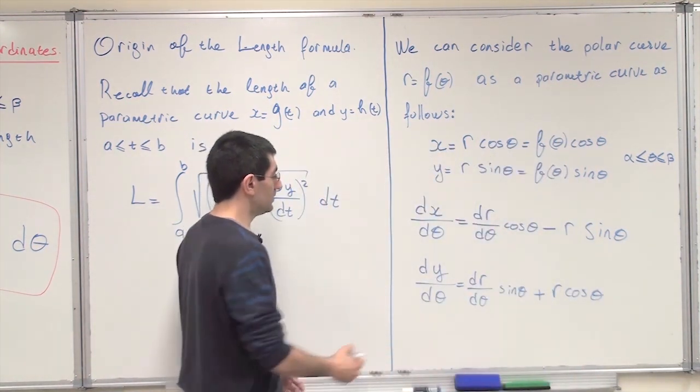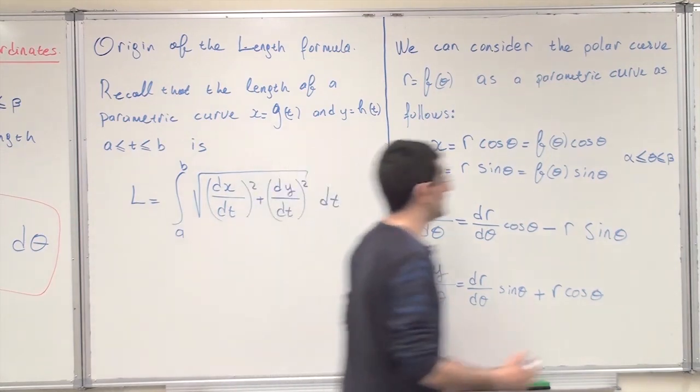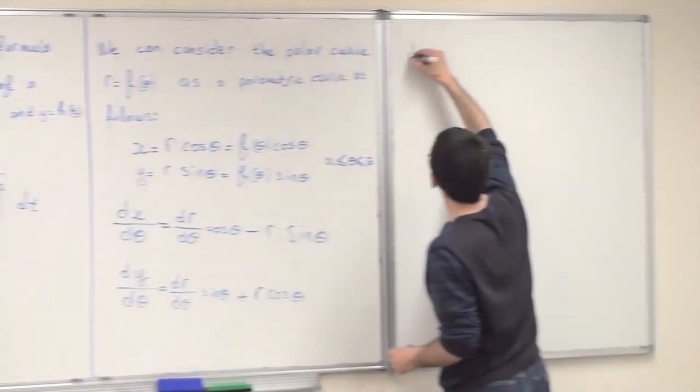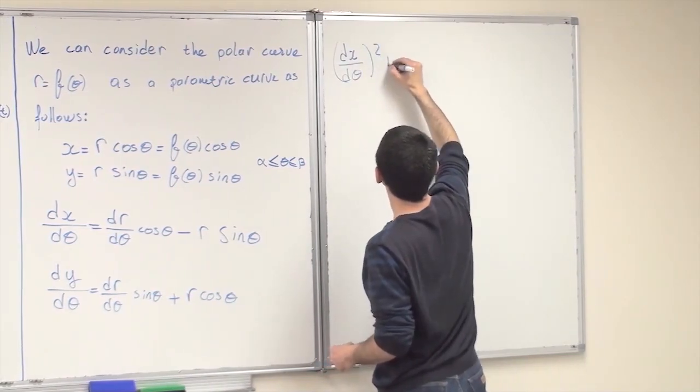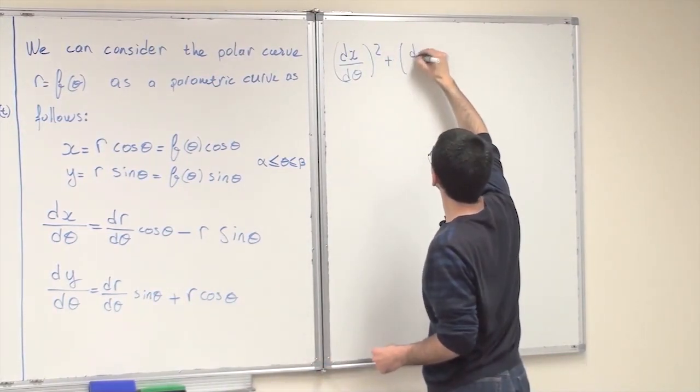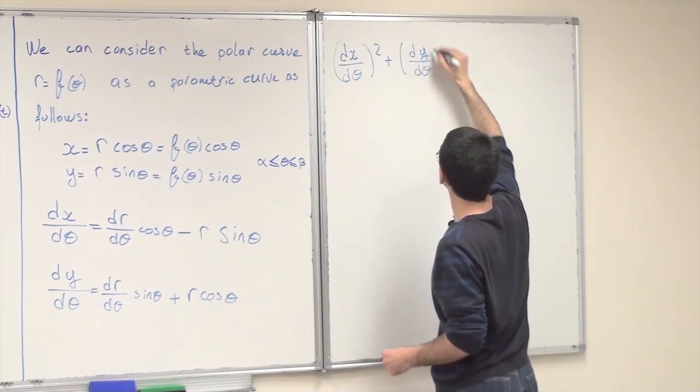So now, in the next step, we calculate the square of these derivatives and add them.